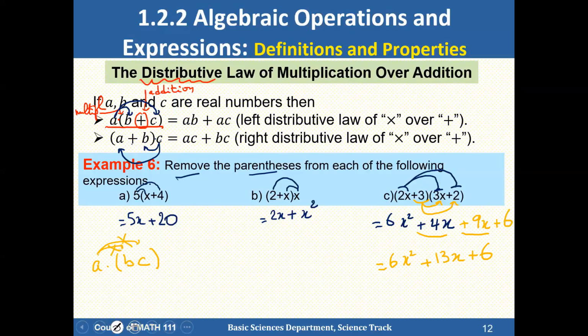This is false. Okay, here it is A, B, C. نعملوا A في B, A في C. Be careful. We don't distribute multiplication على multiplication. We distribute only multiplication على addition.